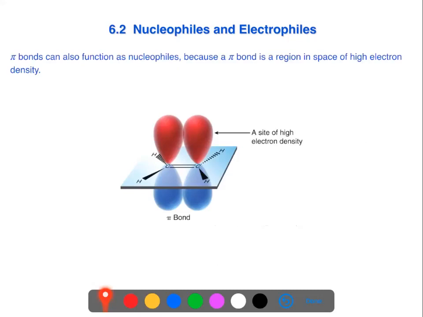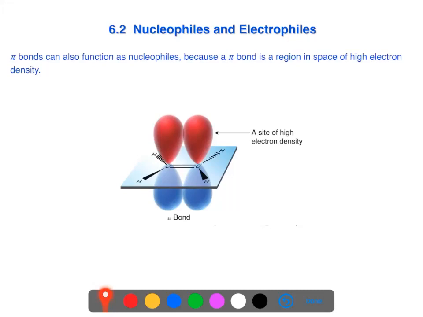Beyond these negatively charged species and these neutral species that have lone pairs associated with them, pi bonds can also function as nucleophiles. They're not super strong, but pi bonds do offer regions of high electron density that can be donated if a good electrophile is present.